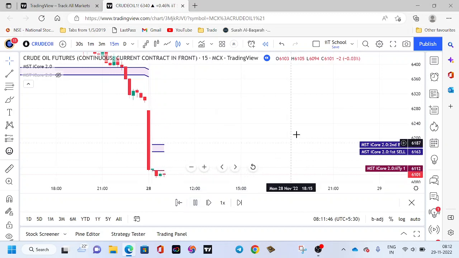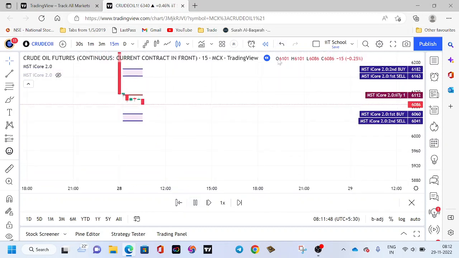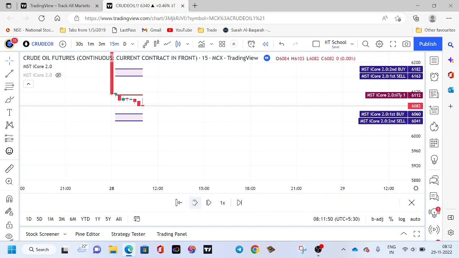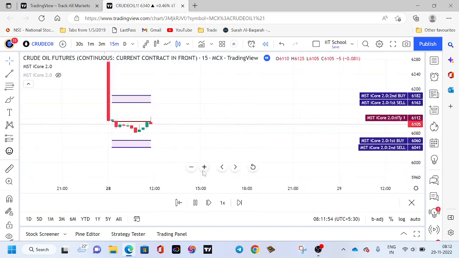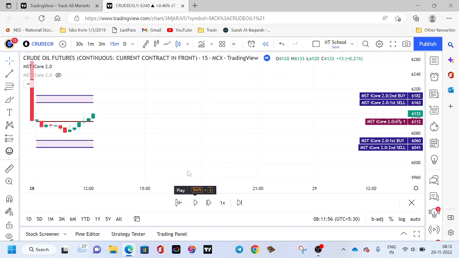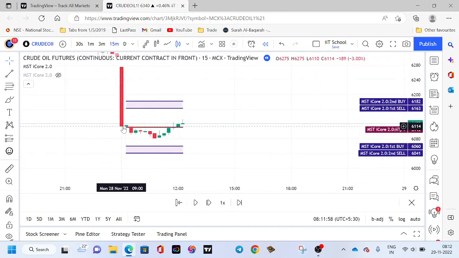Now the market has opened gap down and we have got the buy level and the sell level. So how to trade now? See here, the first candle opened as a very big red candle and immediately we got one more candle.